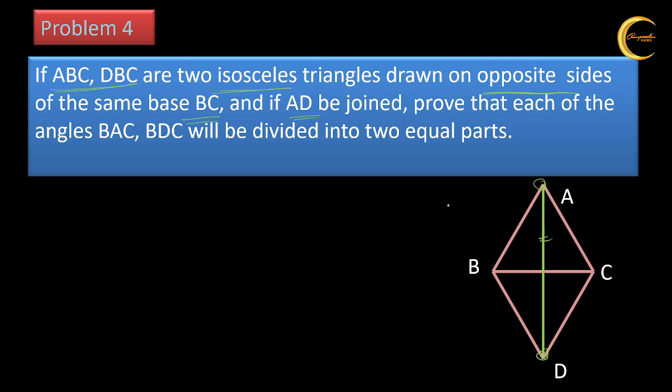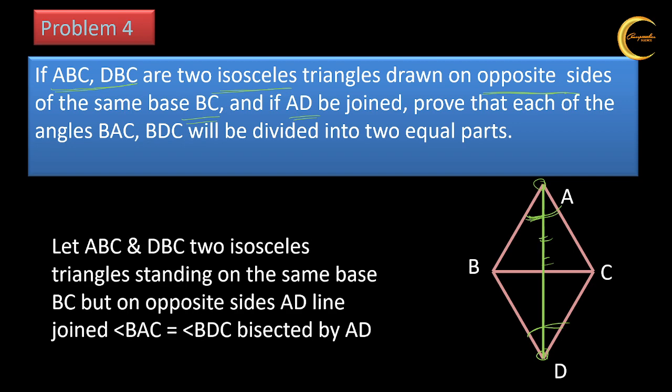Then we have to prove that this total angle BAC and this total angle BDC are divided into two equal parts by this AD line. So how will we prove that?